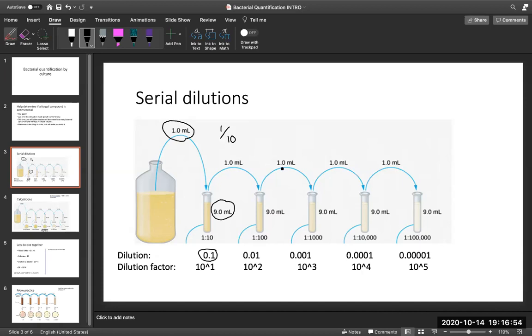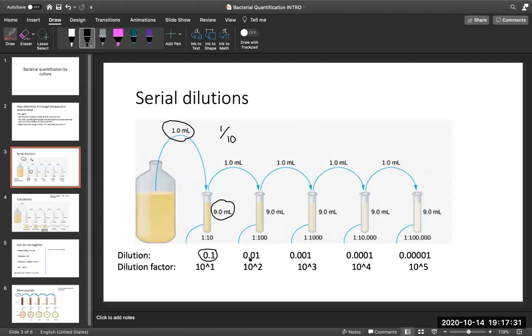And then it's a serial dilution, so you're going to do the same thing over and over again, just making sure to mix it each time and start with a fresh tip. And then you just repeat that a bunch of times. So the next dilution is also a 1 to 10 dilution, but we would say it's 1 to 100 because you already diluted the one before it. So you'll see that in a serial dilution, you increase your dilution by a decimal place of 10, right?